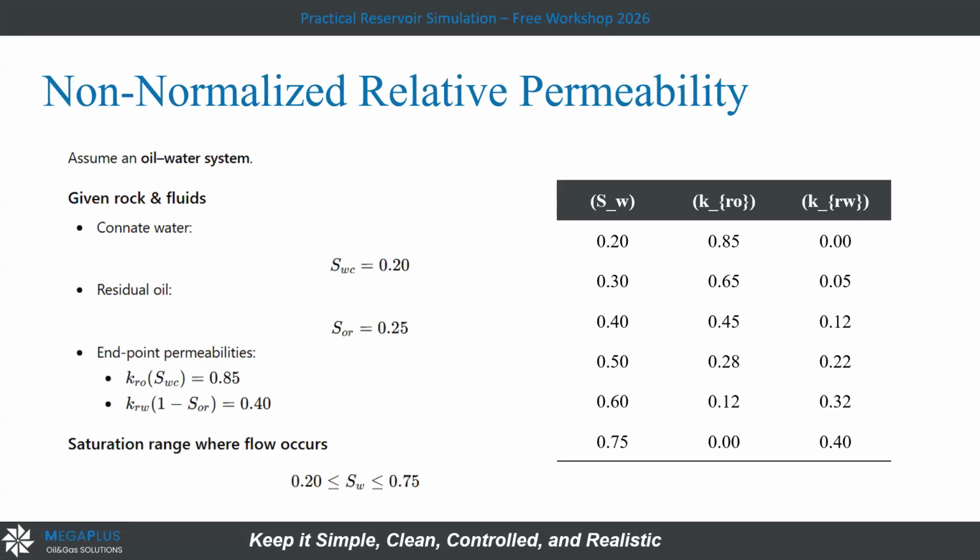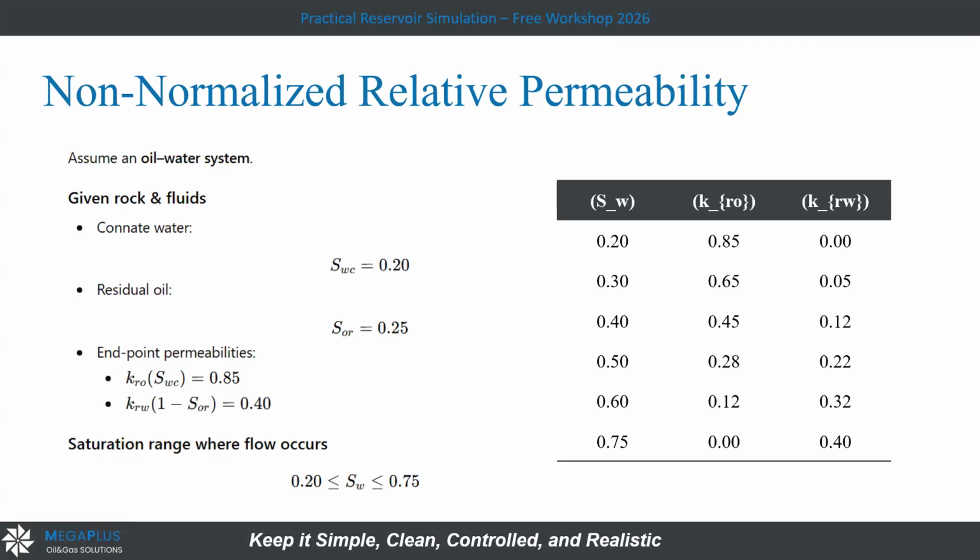Why? Because I need you to imagine I have a reservoir respecting the geology and having many rock types with something called end point scaling, with different irreducible water saturation and oil saturation in each. So I don't have to put all of these curves.